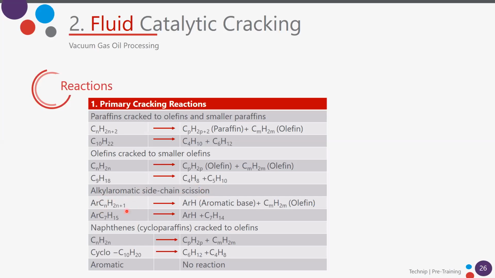If you have an alkyl with an aromatic, you will have the aromatic plus an olefin. The naphthene is cracked to olefins, and we don't have aromatic reactions in this kind of fluid catalytic cracking reactions. So remember, as we don't have hydrogen here, we will produce a lot of olefins from our reactions, okay?